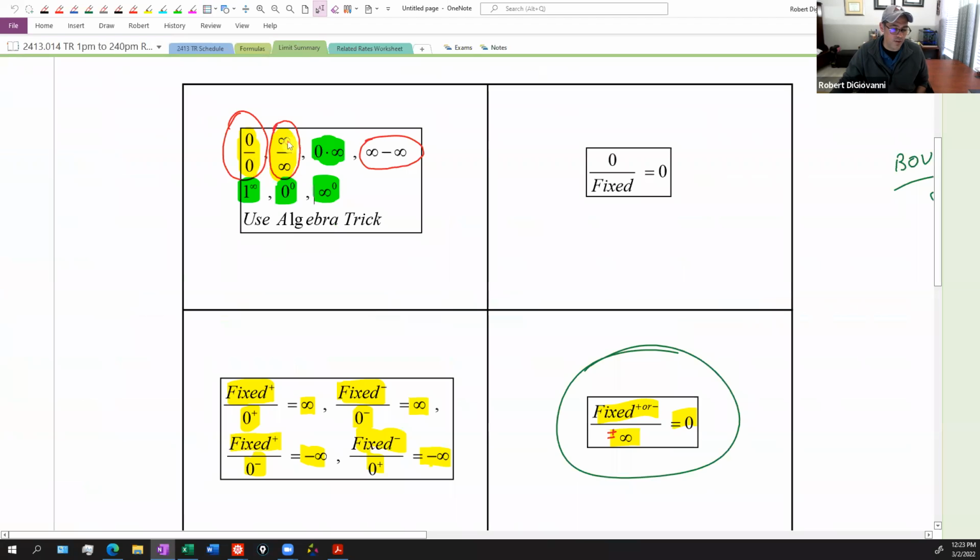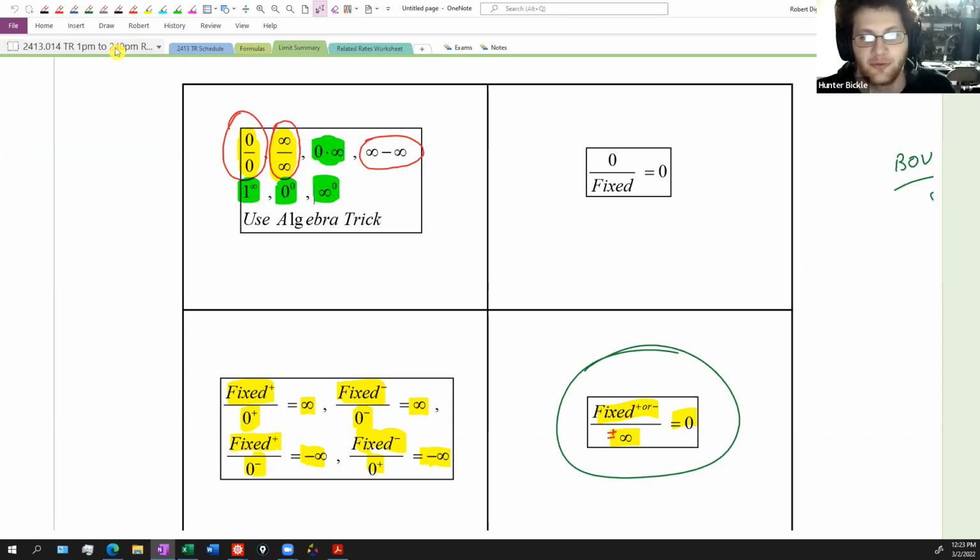Anytime you have 0 over 0, infinity over infinity, 0 times infinity, infinity minus infinity, 1 to the infinity, 0 to the 0, infinity to the 0, all of these are what we call indeterminate forms, and there are methods for going after each one of those. So you should be familiar with all of this, or you could get caught in the middle of an integral problem, stuck on the limit part and not know what to do. That would be a shame.